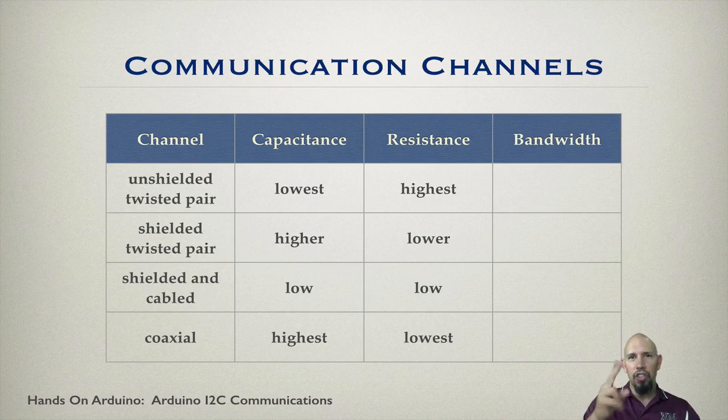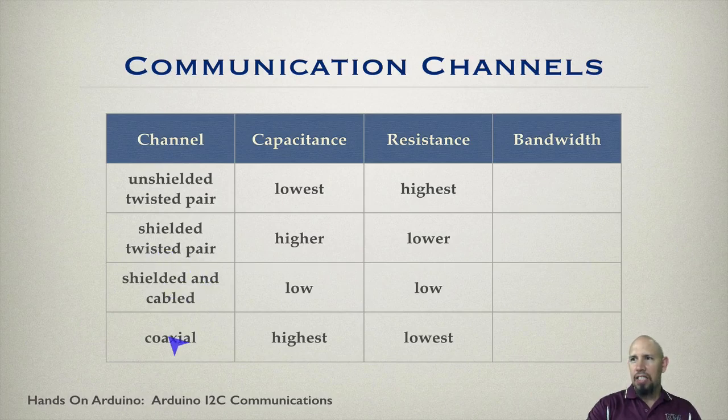It's just two wires that you twist into a spiral along the entire length of the connections. Shielded means that in addition to the twisted pair, you also have foil that wraps around the entire thing for the whole length, and at one end that foil is grounded. Shielded and cabled is basically the same as shielded twisted pair, except the pair is not twisted.